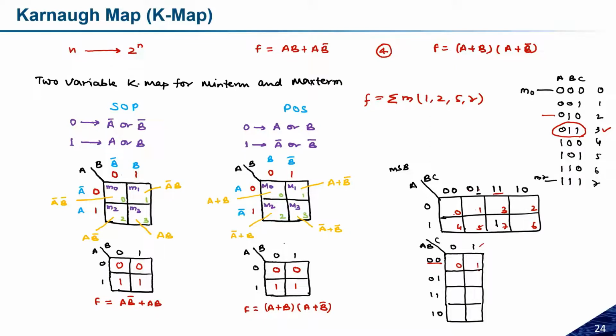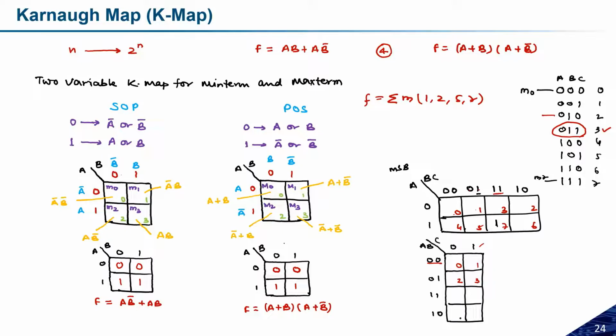Where do I need to keep 2? Sir, below the first column. Below the first row, first column. Okay, so here it will be 2. 3 will be here. Okay, where do I need to keep 4? Sir, in the last row, first column.